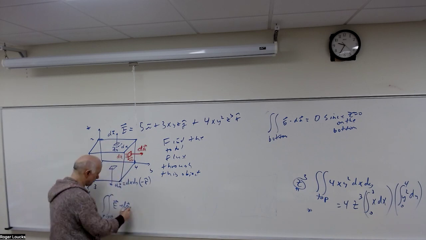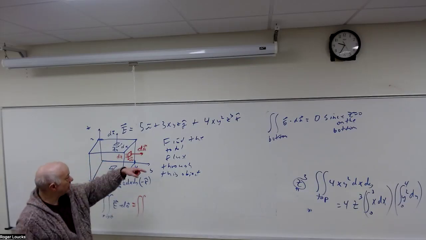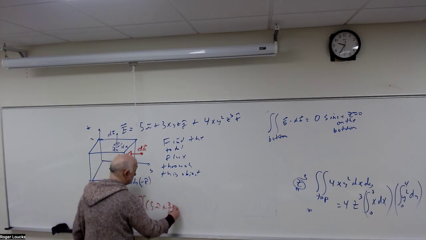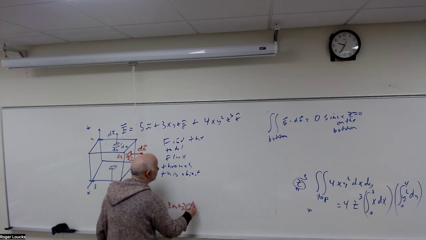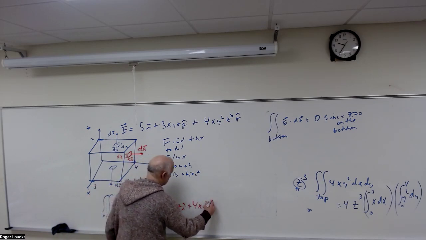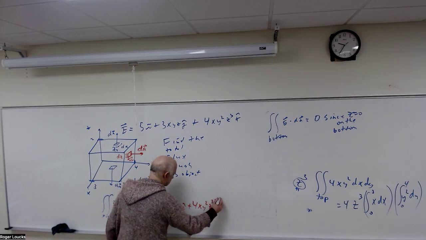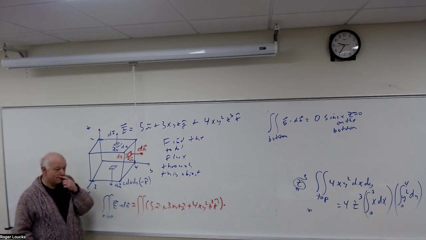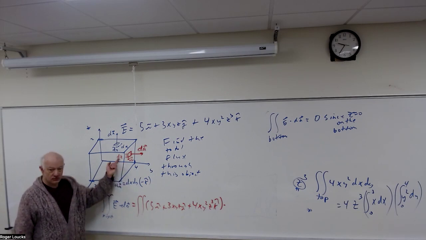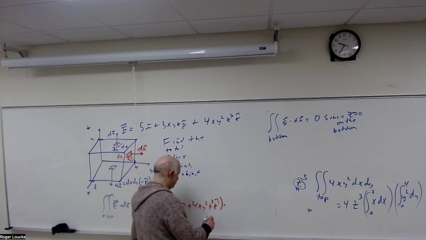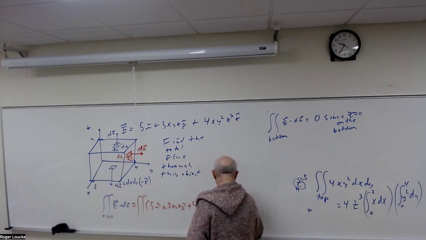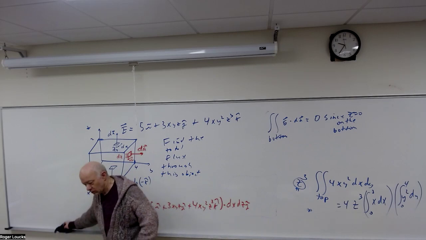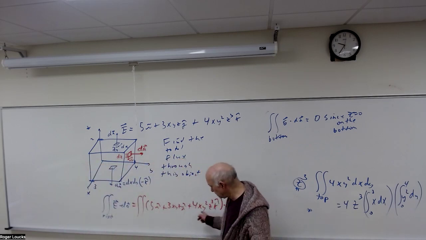So when I go and do this here, I put in my vector field here. You tell me what to write then for this dA vector. dx dz, j hat. You tell me what that is. You take this dA vector and dot it into all these here.